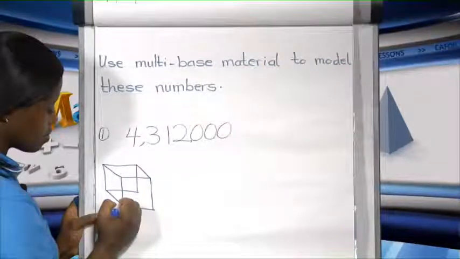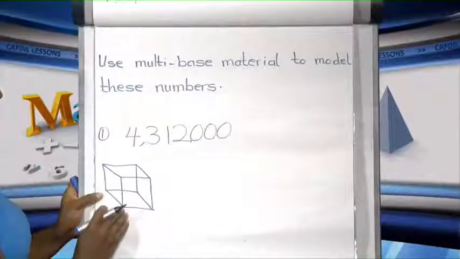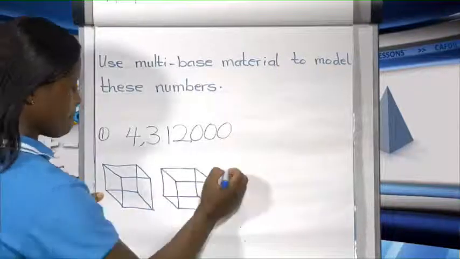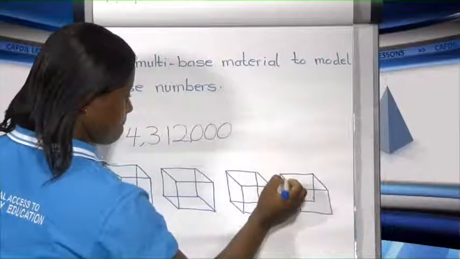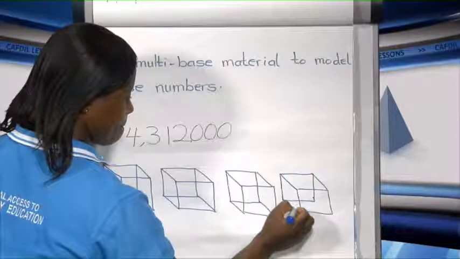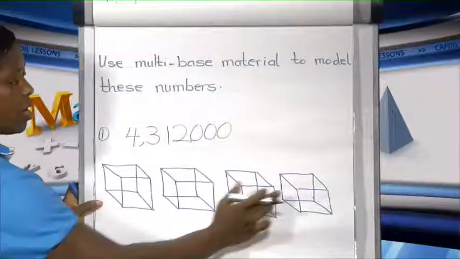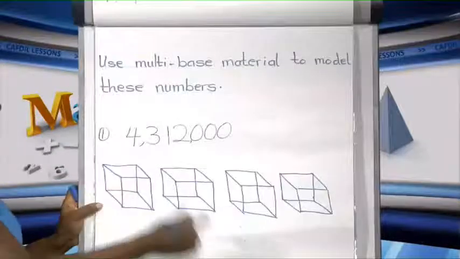I have my block here. So drawing 4 of these. Good. So we have 4 blocks, 1, 2, 3, 4. And this will give us our 4 million.